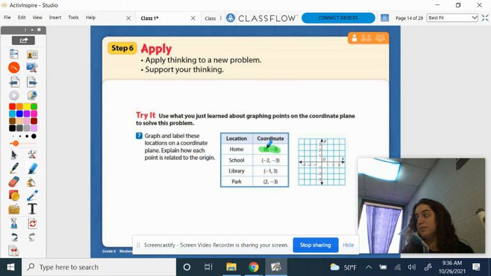The X. The Y. It's going to be on the opposite, which is the Y. So your home's going to be somewhere over here on the Y axis. And then you have your school, library, and park. So don't forget to do that if you haven't already, and then you can get started on your homework. In a minute or so, I'll graph these 4, but go ahead and get started on your homework.